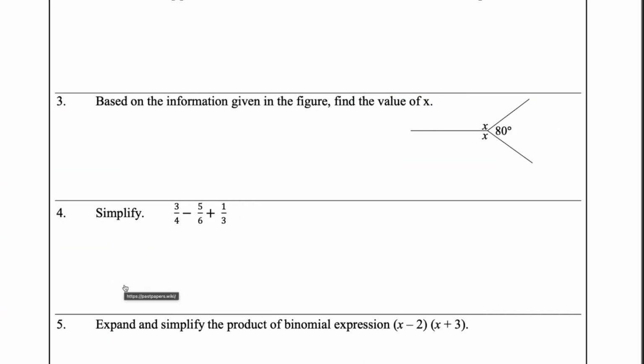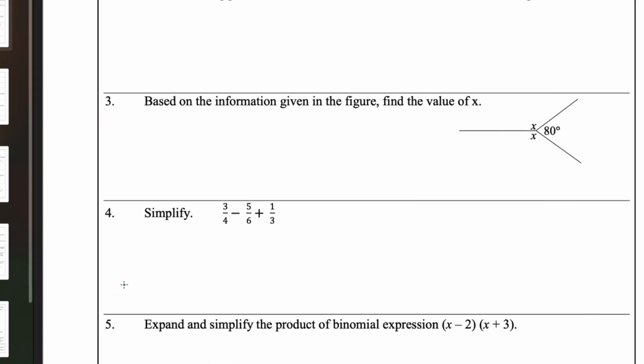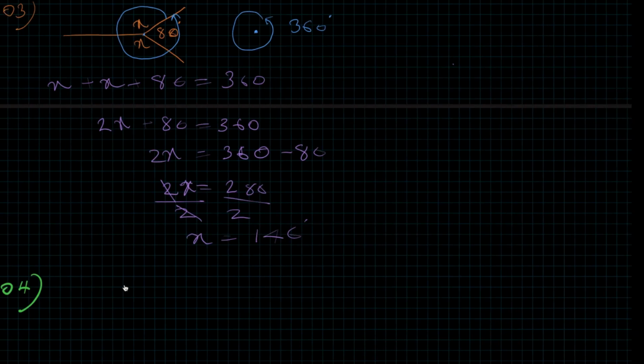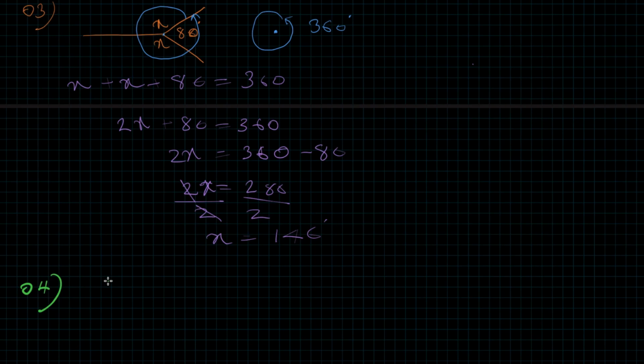Okay, simplify these fractions. Let's see how we can simplify this. The first one is 3 out of 4 minus 5 out of 6 plus 1 out of 3.